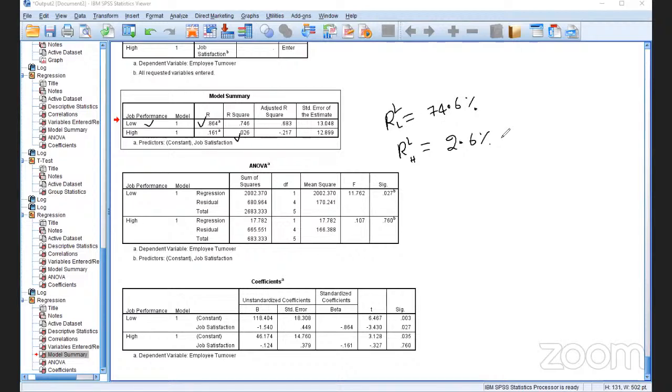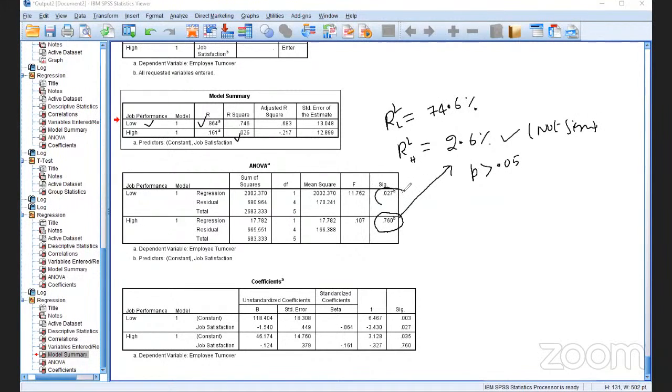Whether this R square is significant or not, we see through the ANOVA table. This ANOVA table tells us this is not significant, because the p value is greater than 0.05.